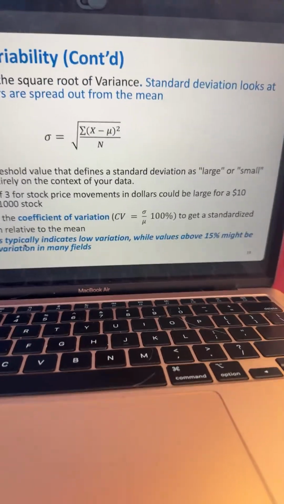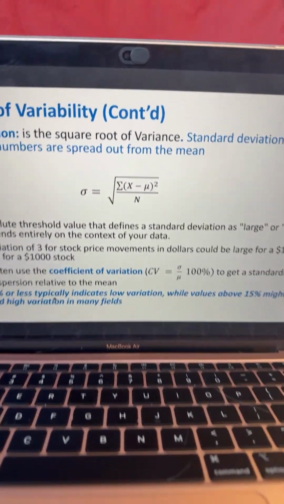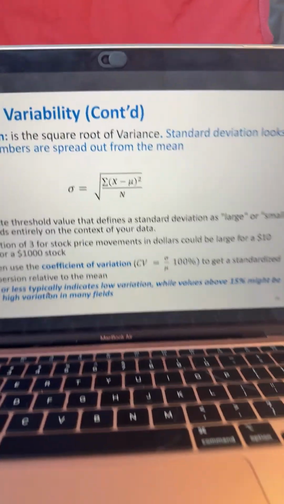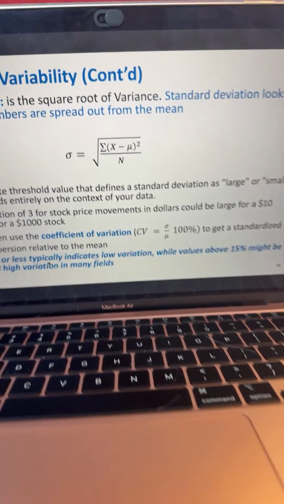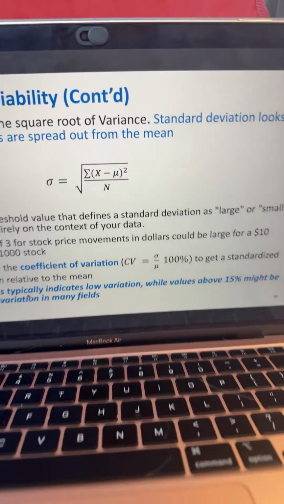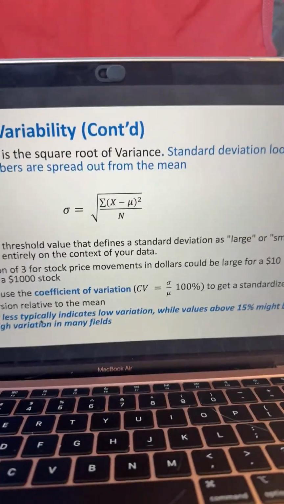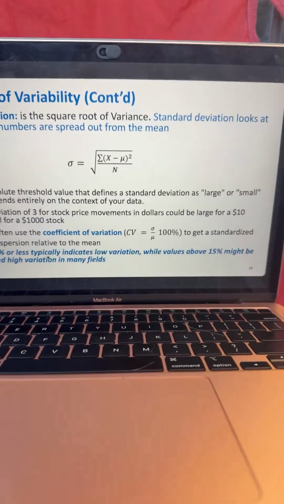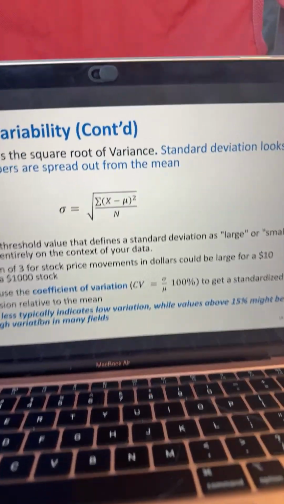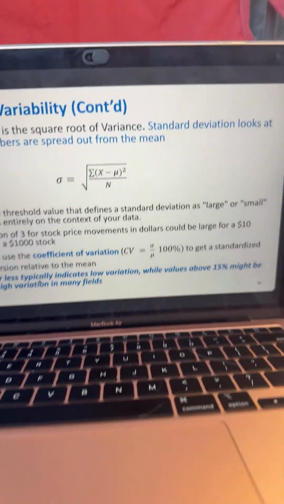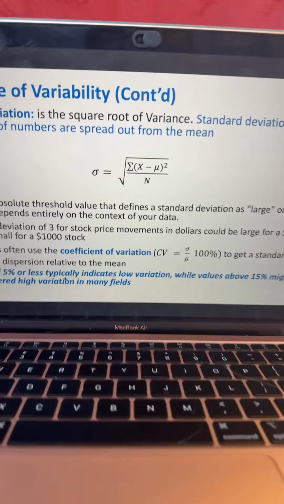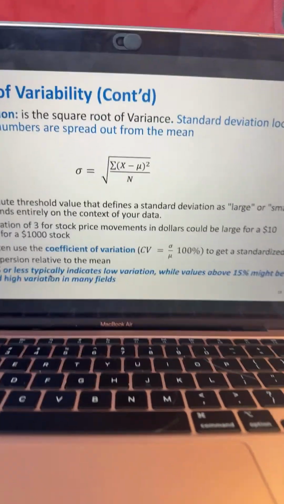Standard deviation looks at how a group of numbers are spread out from the mean. There's no absolute threshold value that defines a standard deviation as large or small because it depends entirely on the context of your data. A standard deviation of 3 for stock price movements in dollars could be large for a $10 stock but small for a $1,000 stock.